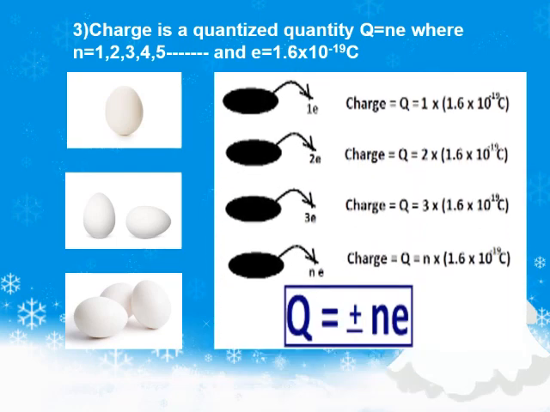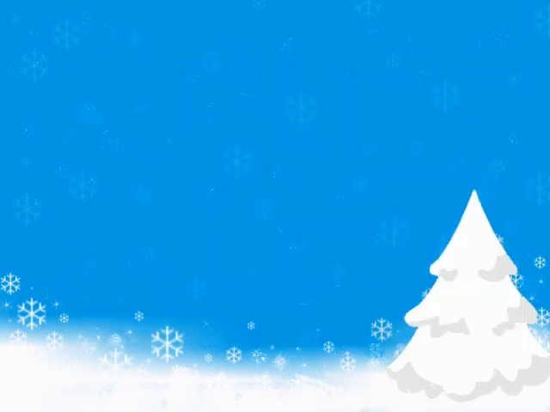Similarly, charges exist in discrete form. Charges exist in the form of 1e, 2e, 3e and 4e. They cannot exist in the form of 1.5e, 2.5e or 3.5e. So generally you can see that Q is equal to Ne, where N is equal to 1, 2, 3, 4, 5 and so on, and e is equal to 1.6 into 10 raised to power minus 19 coulomb. So charge is a quantized quantity.